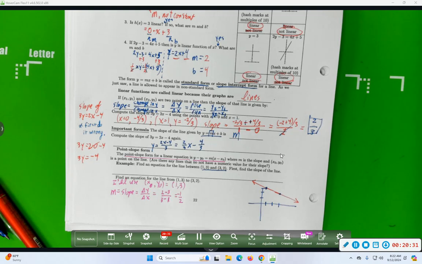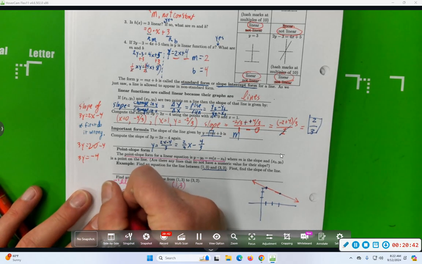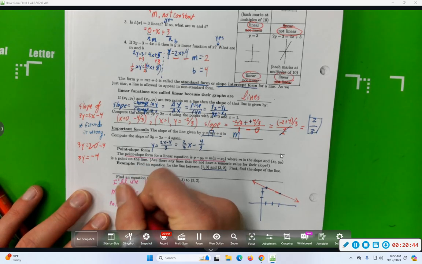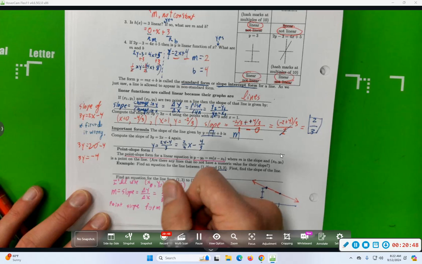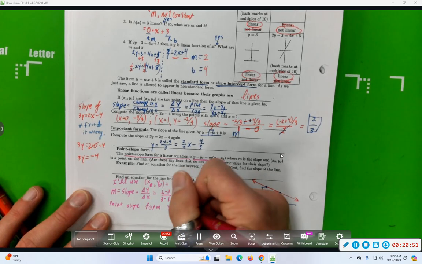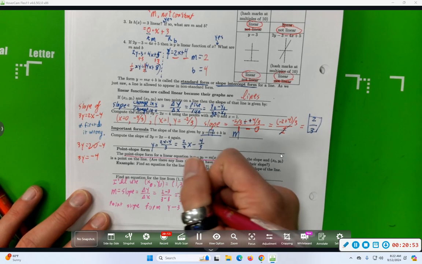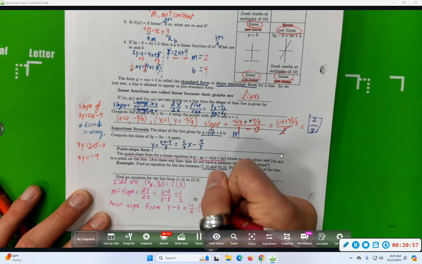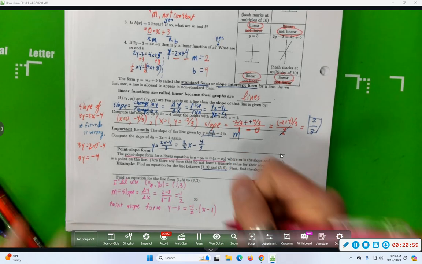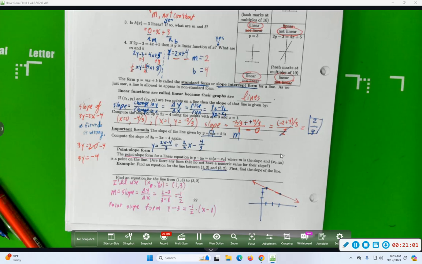Is that enough information that we can just put this in point-slope form now? Yeah, let's do it. y minus y0 is equal to slope, negative 1/2, times x minus x0. That feel pretty okay?